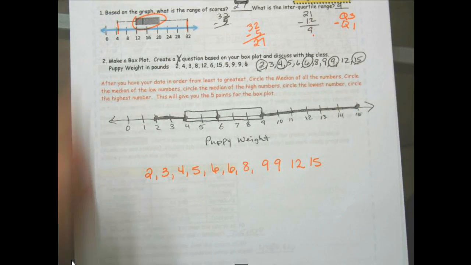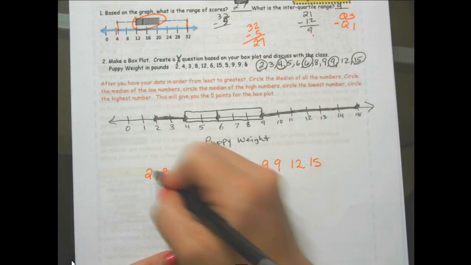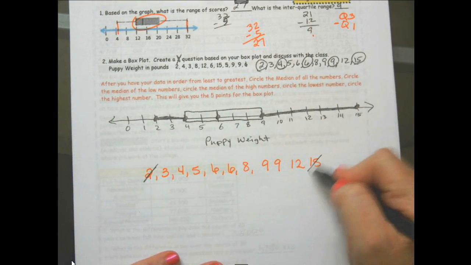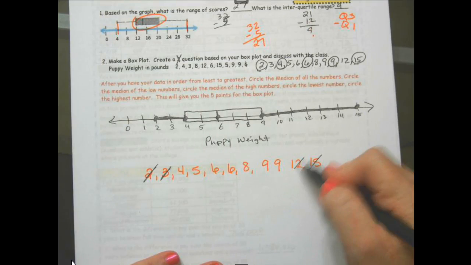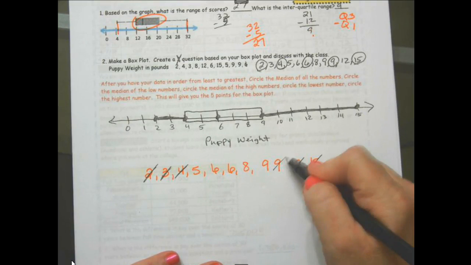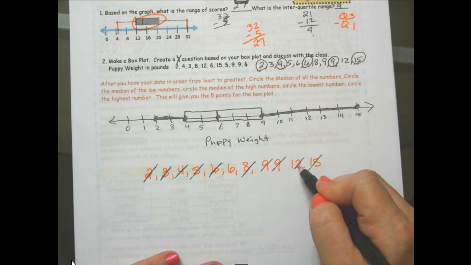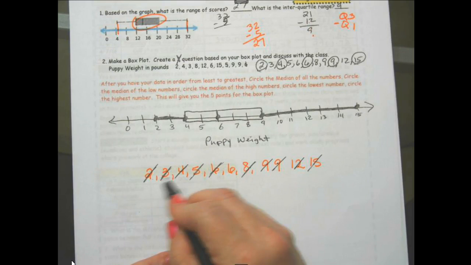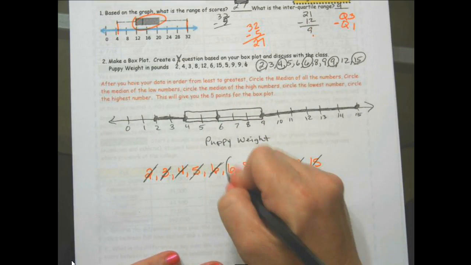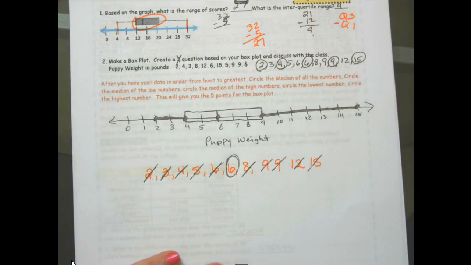So the first thing you're going to do is find the median. 1, 2, 3, 4, 5. 1, 2, 3, 4, 5. So 6 is my median.